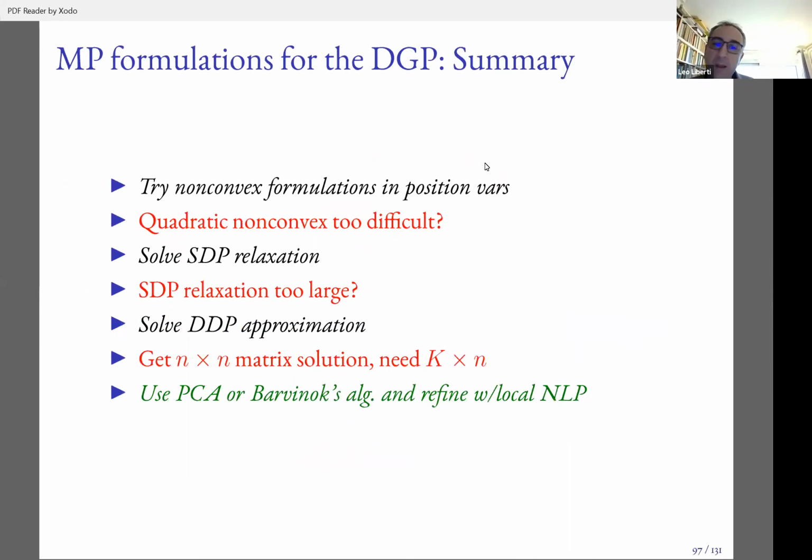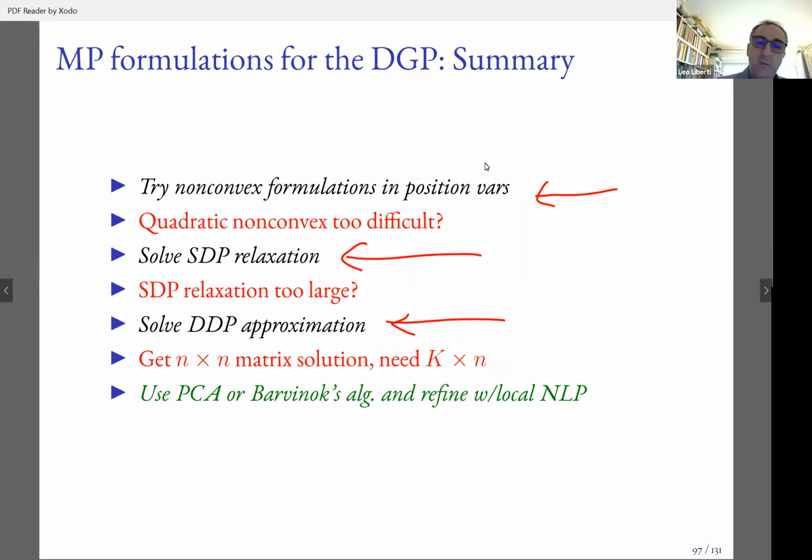So to give a summary of this long section of my tutorial about the distance geometry problem and NLP formulations for it. First of all, try the non-convex formulations in position variables. If your instance is well solved by that, then be happy with it. If these quadratic non-convex or quartic formulations are too hard, then solve an SDP relaxation and try to lose dimensions. If the SDP relaxation is too large, then solve a DDP approximation, okay?